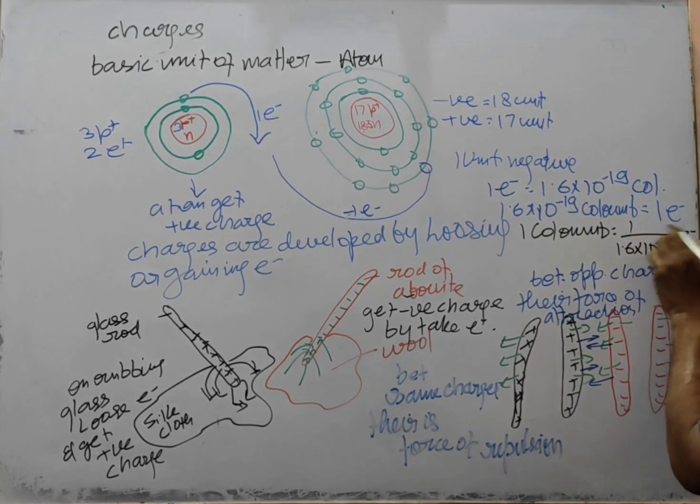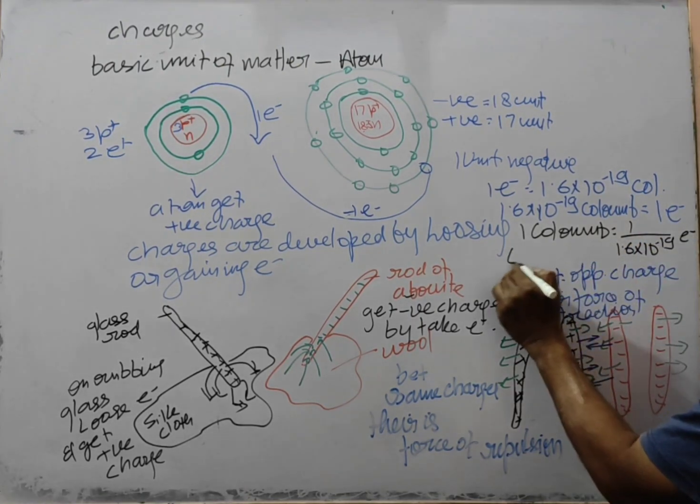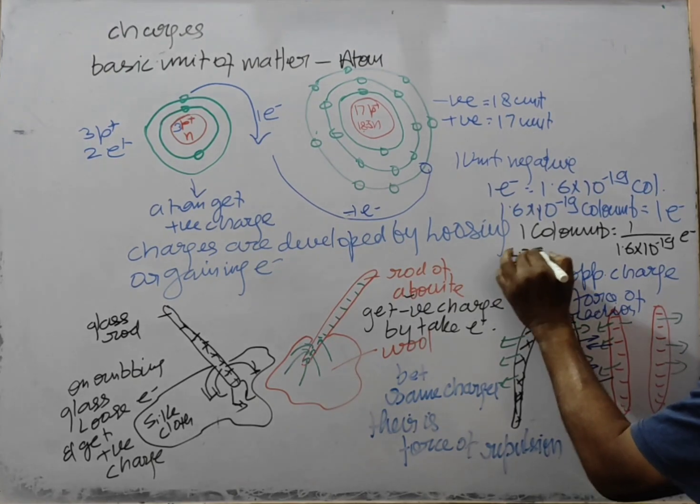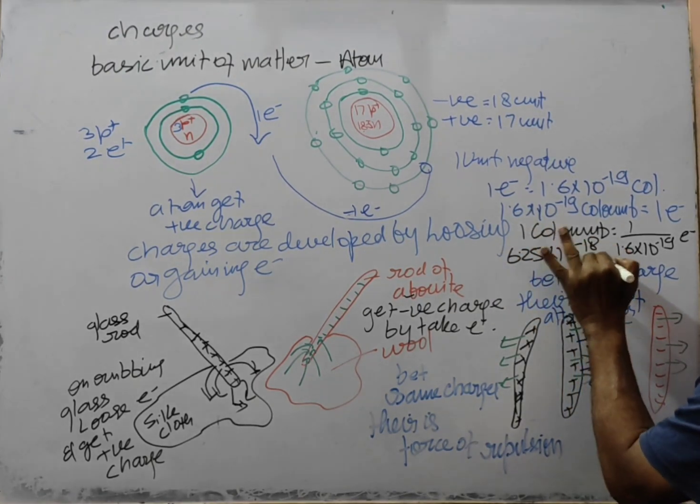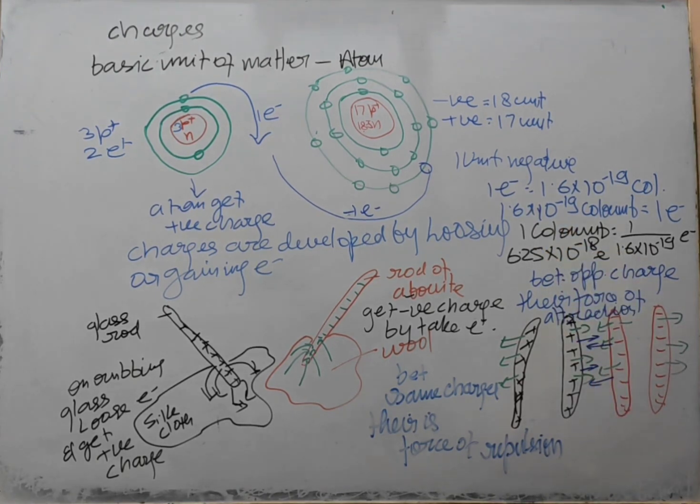When you solve this, you will get 6.25 into 10 to the power 18 electrons.